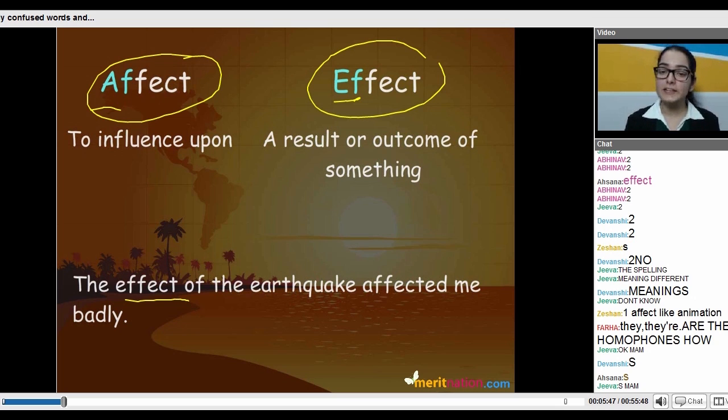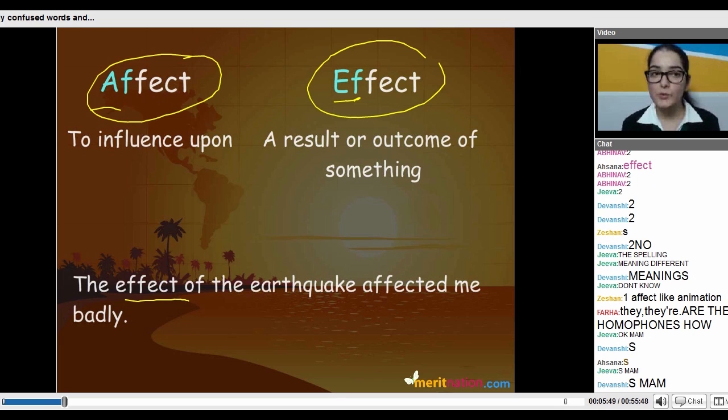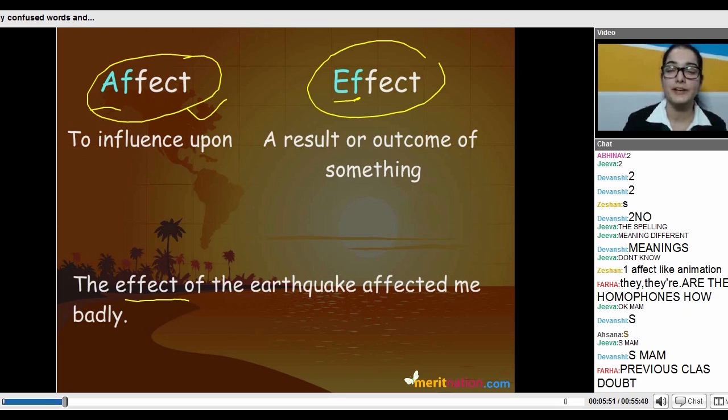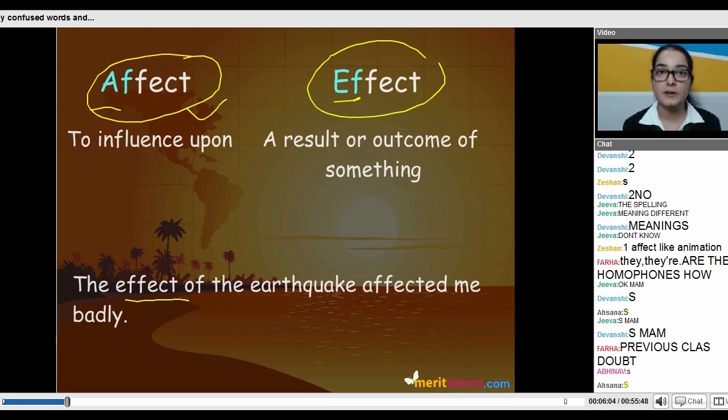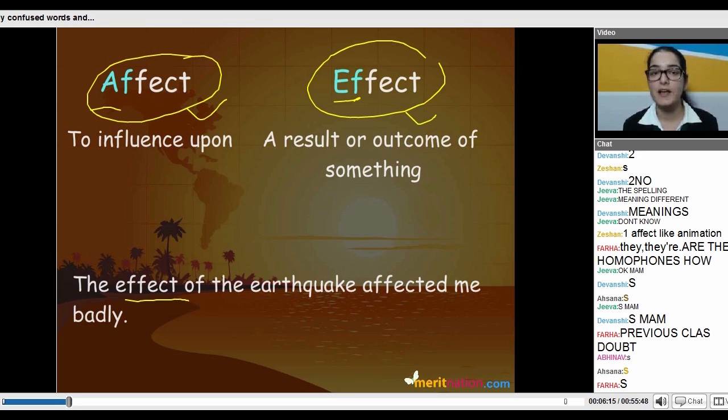Affect, let me make it clear to you. Affect is something feeling oriented, which you are unable to see. There is some result or outcome of a feeling, probably you're feeling something, that is affect. Like your bad friend's behavior affects you badly. That means you get disturbed by her behavior or you don't like it. But the effect is that you stop talking to her. Effect is probably a physical change which happens after some destruction.